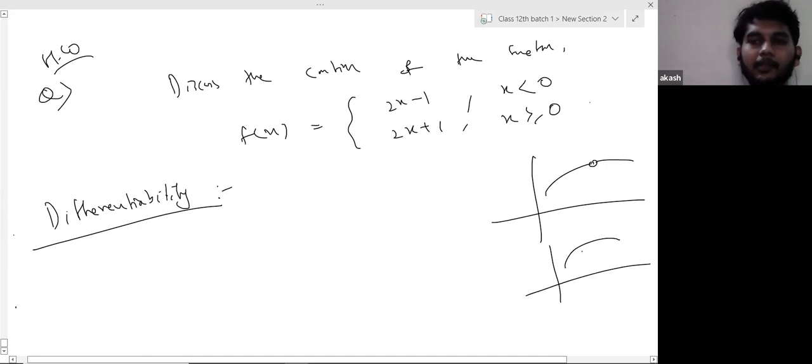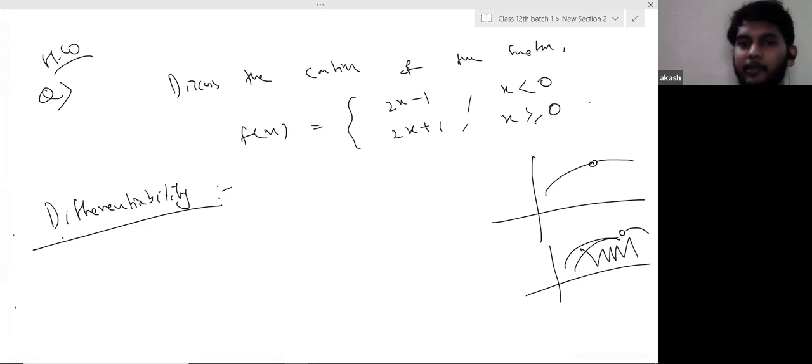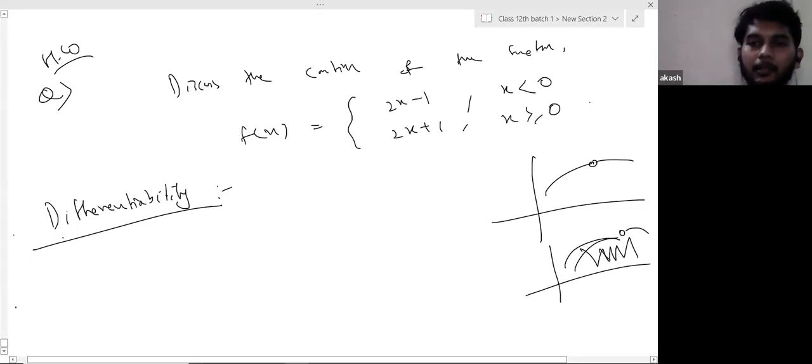If the graph has sharp corners or is broken, all of this can be provided by differentiability. So if a function is differentiable at some point, then the graph is smooth at that point. If not, then the graph is having sharp corners like this.